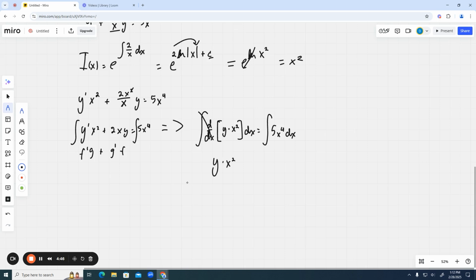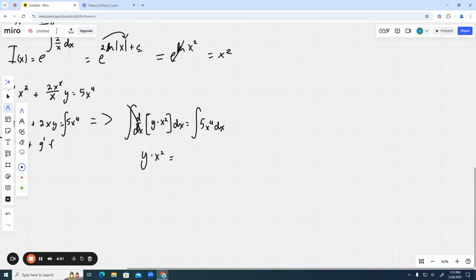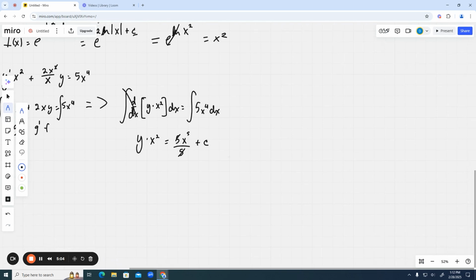So what we're left with is what's inside the brackets here, equal to the integral of 5x to the 4th, which is 5x to the, we add 1 to the power, so 5, and then divide by the new power. These will cancel. And then we have our arbitrary constant c. From here, to isolate y, we would divide everything by x squared. So y is going to be equal to x to the fifth plus c all over x squared.